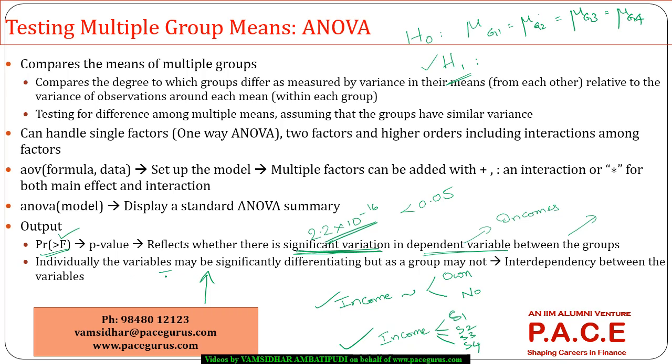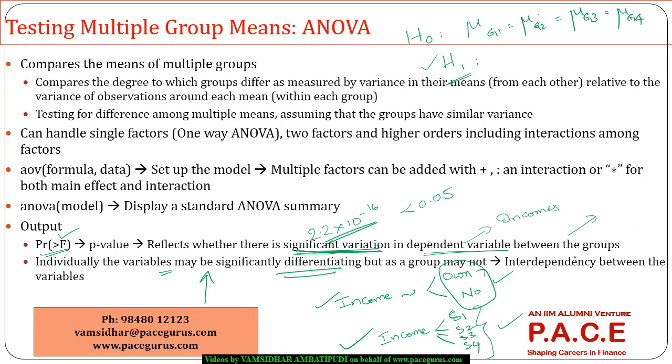Individually the variables may be significantly differentiating. When I looked at income versus own home, I got that the differences are significant. When I looked at the income versus the different customer segments, I got they are different. But when I combined both of them, it looked as if the income is significantly differentiated by the segments only, but not by the status of owning the home.